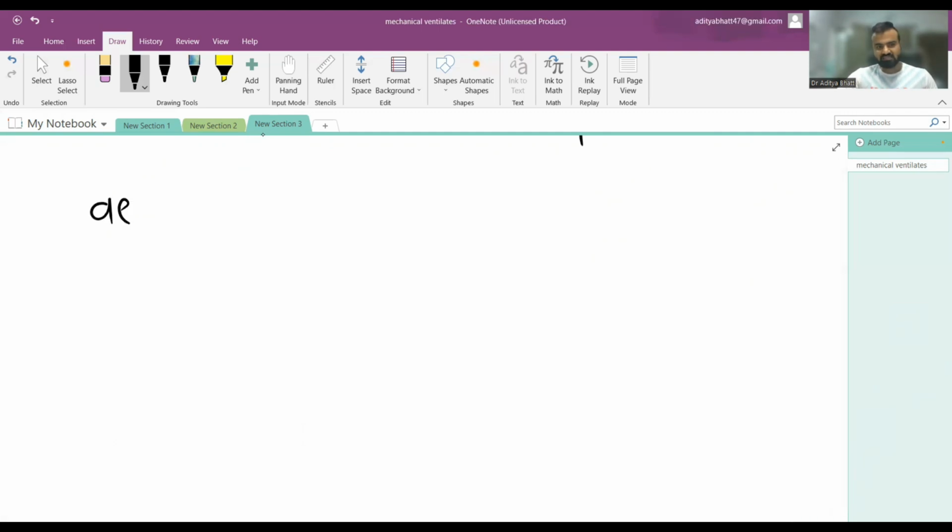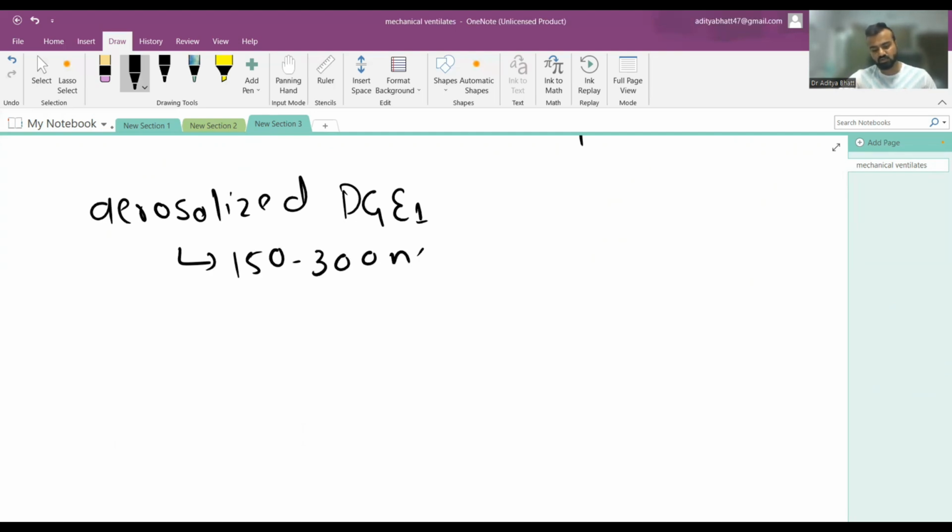Next are aerosolized agents. If nitric oxide is not available, then you can use aerosolized PGE1, alprostadil, at a dose of 150 to 300 nanogram per kg per minute, diluted in saline at 4 ml per hour.